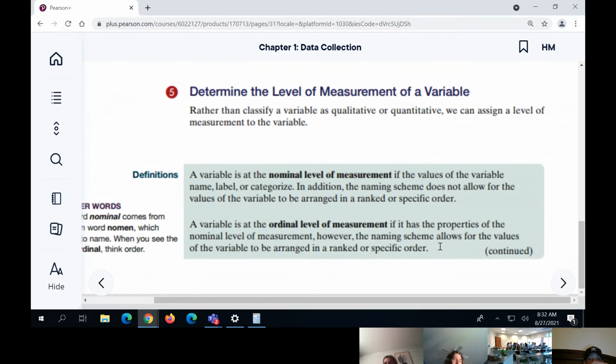I want you to write them down, and I want you to be aware of them, but I'm not going to test you on them, okay? Nominal covers everything. What about temperature? It's nominal. What about weight? That's nominal. Nominal covers just about everything you can research. It's an umbrella.